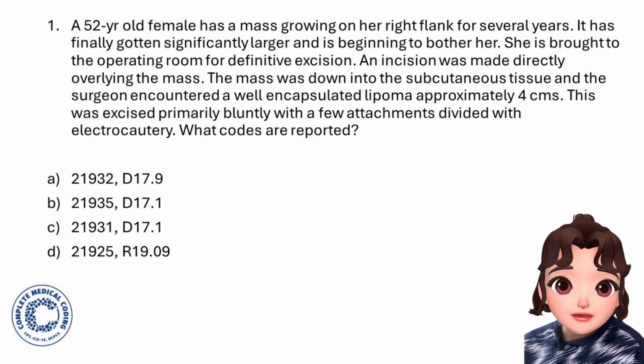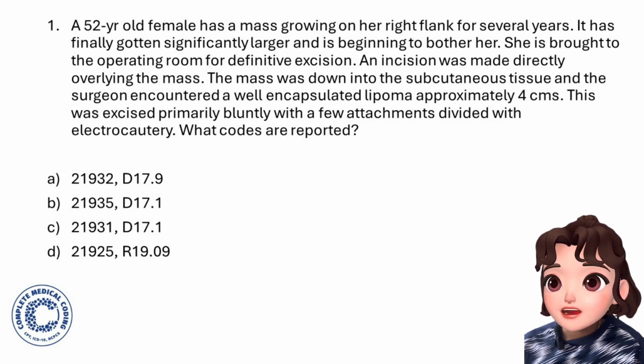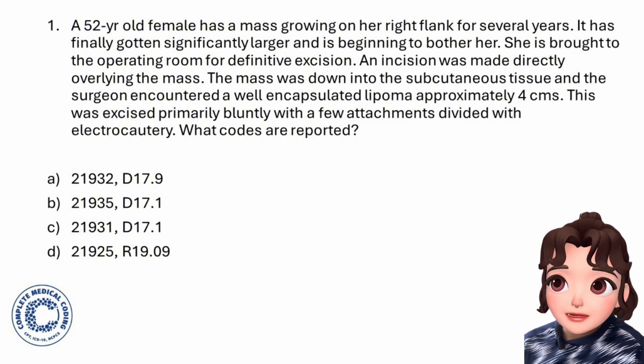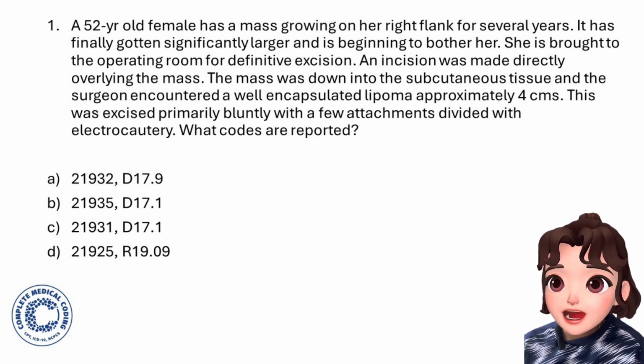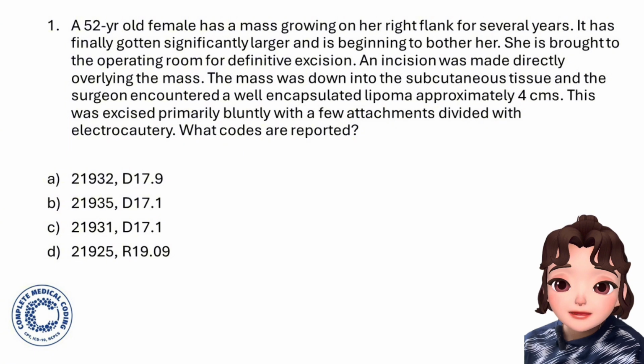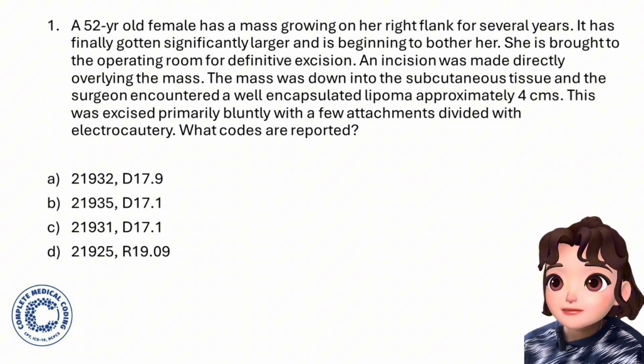So, what has the patient come for, and what procedure has been done? What is the diagnosis? The patient was having right flank pain for several years with a growing mass, and now she came for removal of that mass. That mass represents a benign lesion, right?